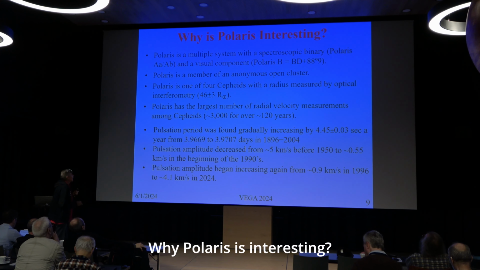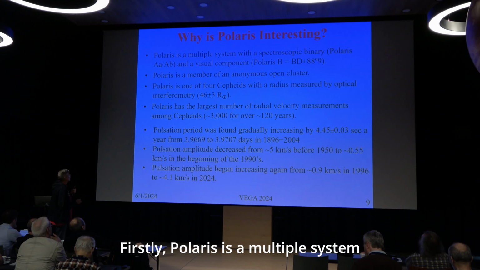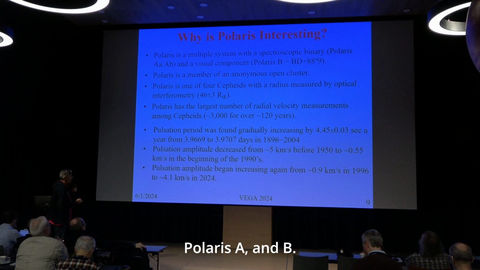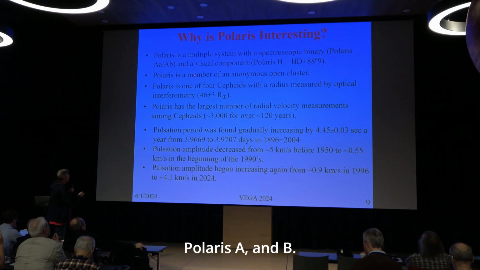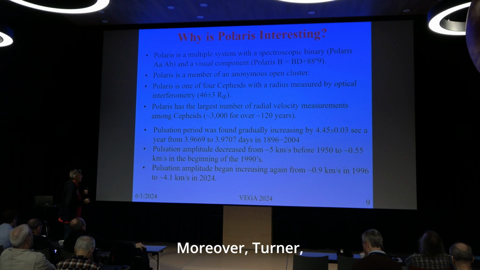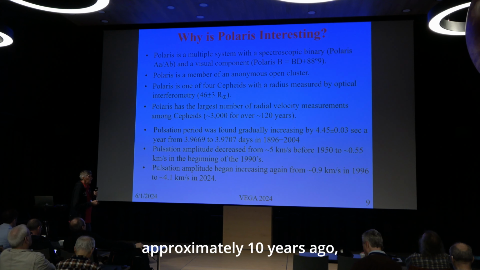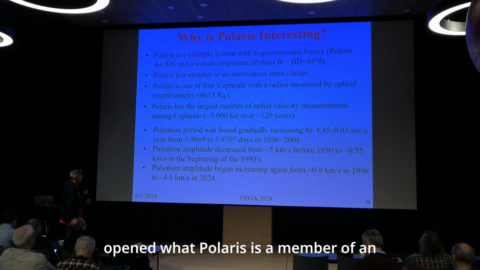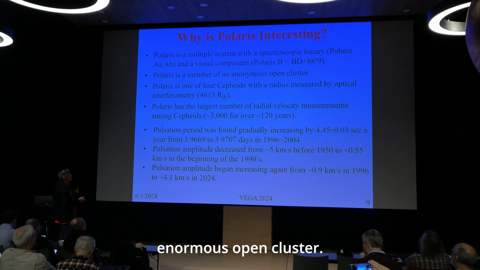Why is Polaris interesting? Firstly, Polaris is a multiple system with a spectroscopic binary, Polaris A and B, and its visual component. Moreover, Turner, approximately 10 years ago, discovered that Polaris is a member of an anonymous open cluster.